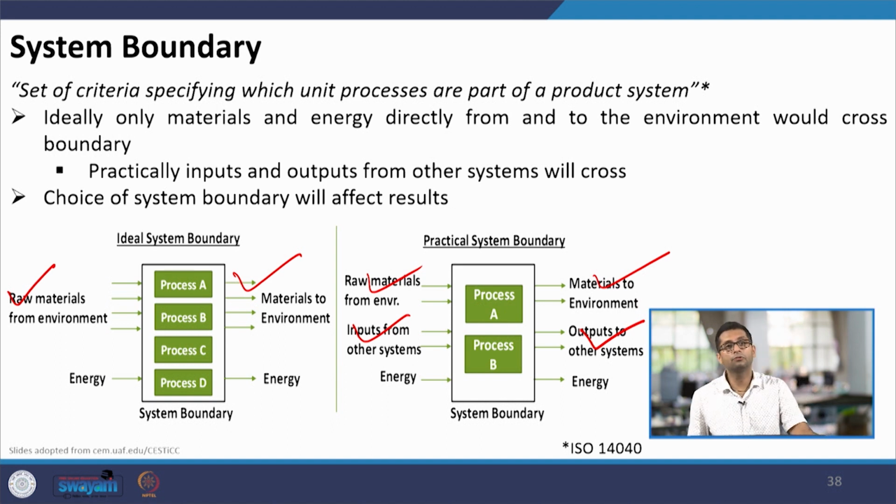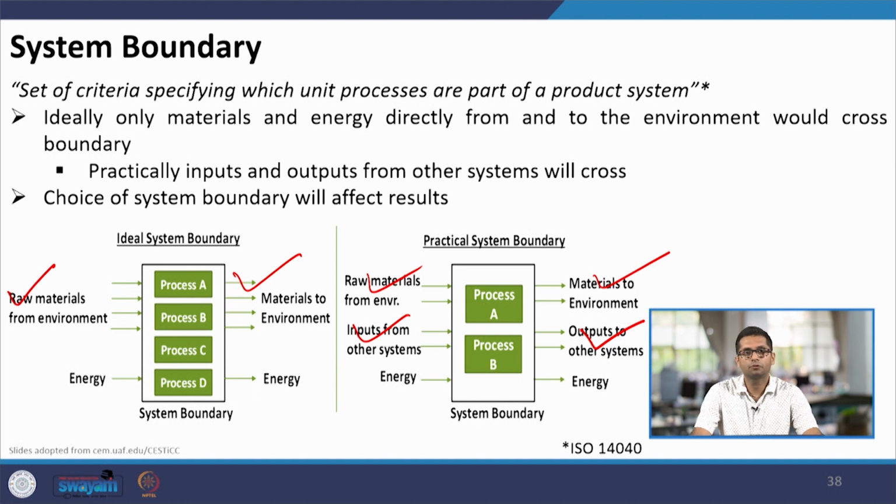Practically, we should be considering every single flow entering and exiting the system boundary, but that is not doable, and that is why we take certain assumptions to try to consider as many flows as possible. But again, that is not humanly possible.